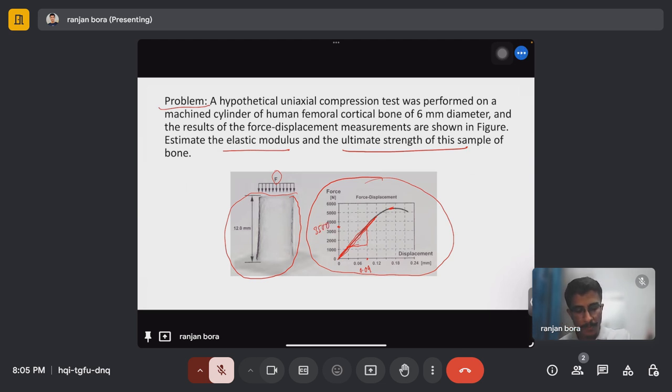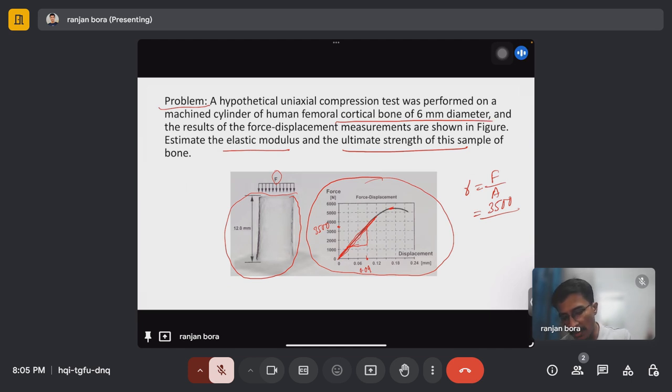So for this point, we can find out the stress and strain. For this point, the stress will be F by A, which will be 3500 over the area.